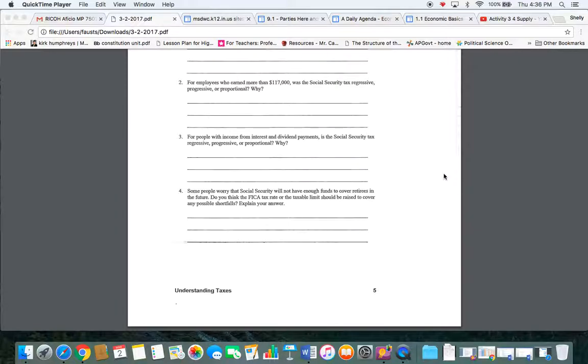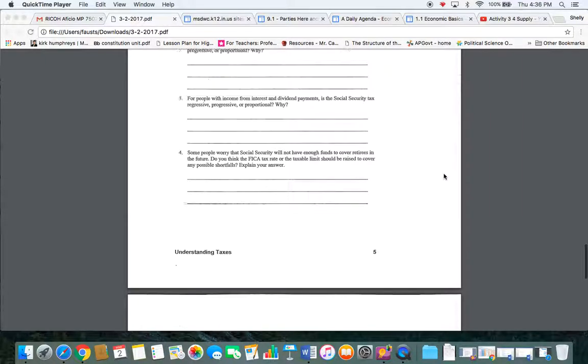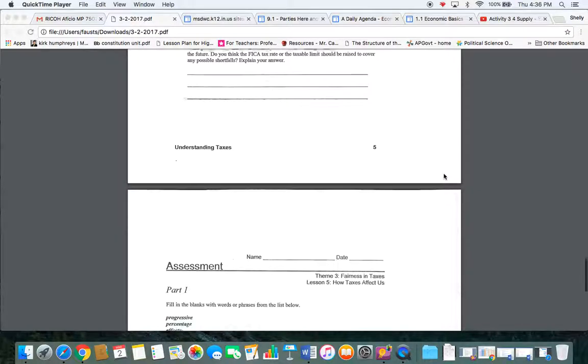They don't have to pay any Social Security. So if we're paying 6.2%, you're paying it, I'm paying it, and they're paying 0, it has to be regressive because those who have more money or who are earning more money are paying a smaller percentage of their income towards that tax. And then the next one is also answer the question and explain it, and as long as you have a good explanation, you're okay.